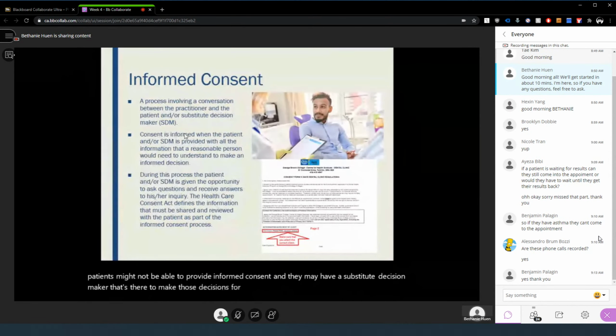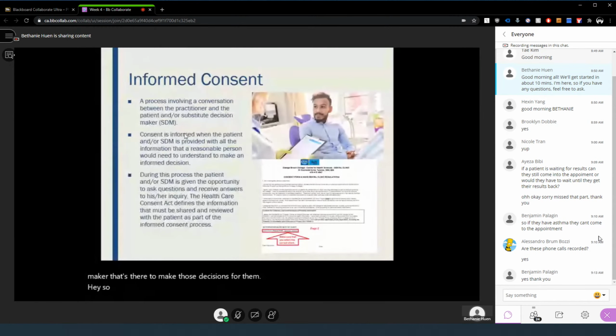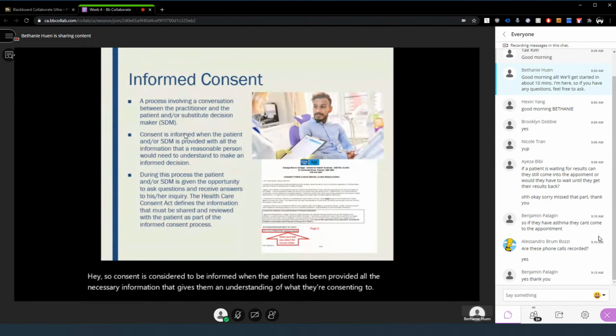Okay, so consent is considered to be informed when the patient has been provided all the necessary information that gives them an understanding of what they're consenting to. The other thing that's important is it's not just a one-way conversation of you explaining things to the patient.